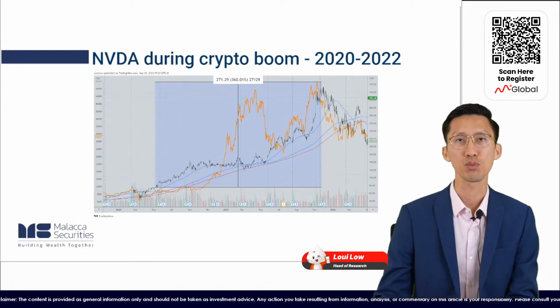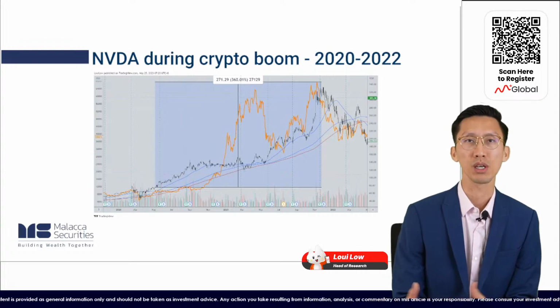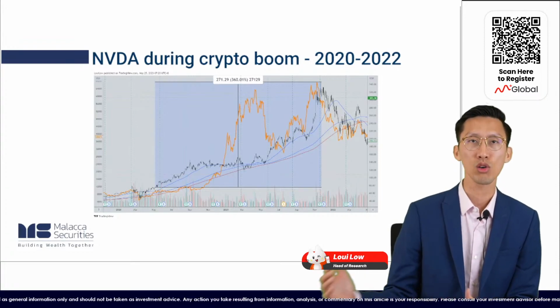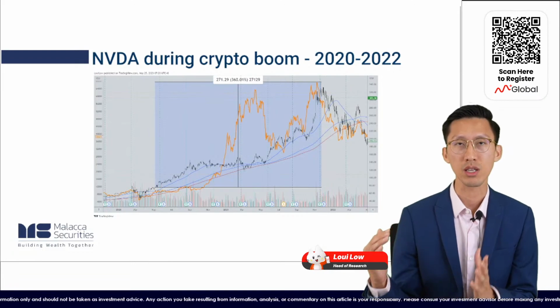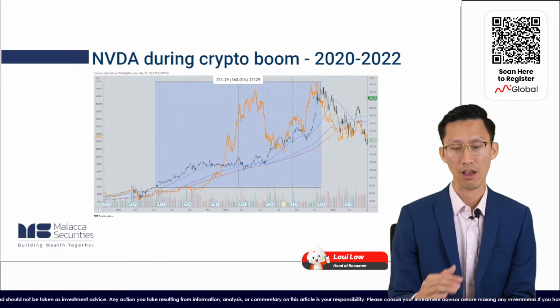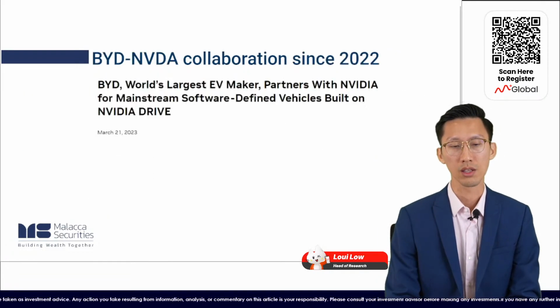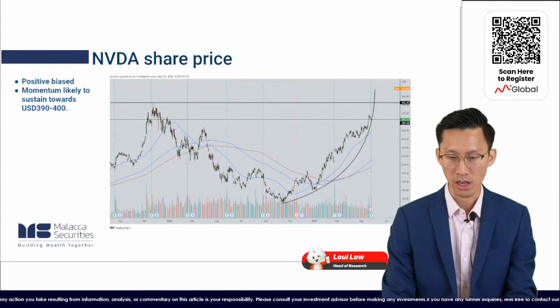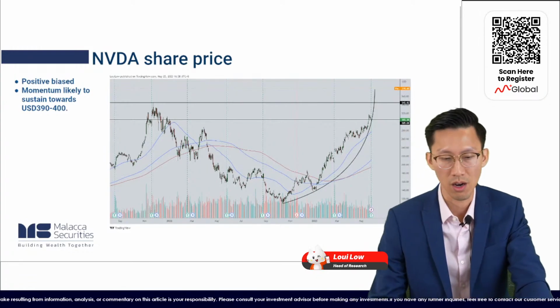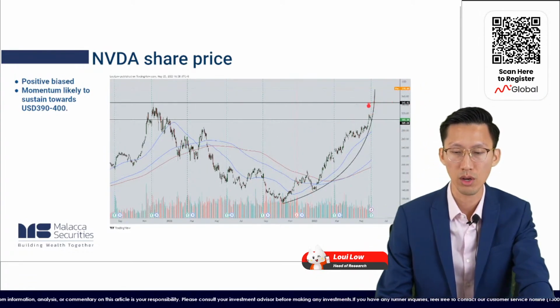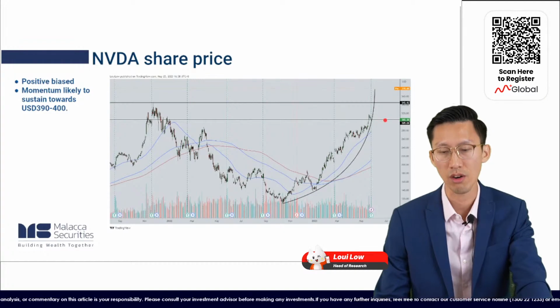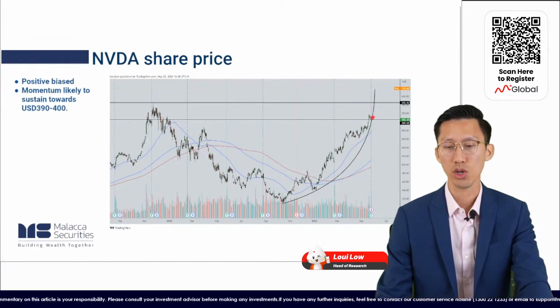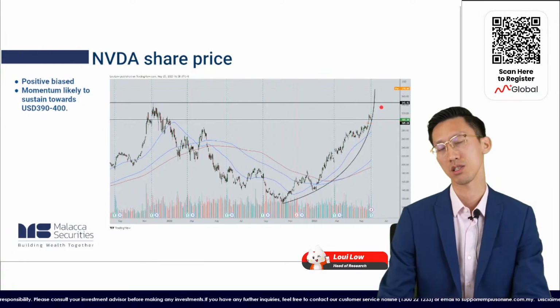So if they can sustain the 11 billion by 2024, or even grow maybe towards 15 or even 18 billion by 2025, which means that right now could be an opportunity to look at a longer-term phase, because the AI trend is there, and if there is any dip, any pullback on this Nvidia share price towards about, say, 345, perhaps that could be a range that you want to look at, or even if it is dropping towards 305 US dollars, that could be the range that you want to accumulate Nvidia's share price.